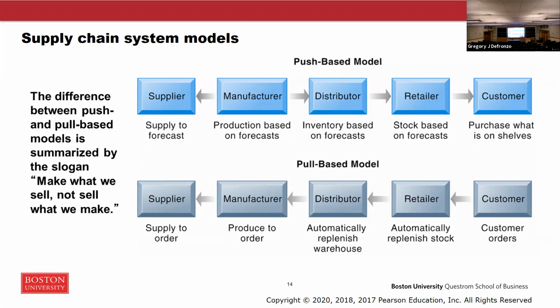Mary, you had an example? I was thinking Warby Parker, but I'm not sure if they do automatic replenishment. I'm trying to think of what kind of store that is. It's like a glasses store.